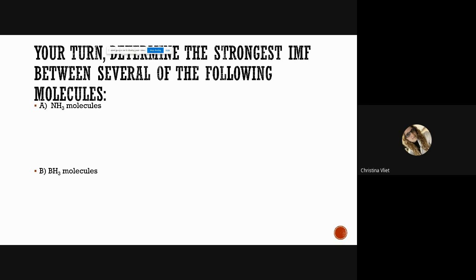Fluorine, oxygen, nitrogen. So the red ones, yes, that is fluorine with hydrogen. Those are called hydrogen bonds. So this one would be permanent dipole. Wait, is that polar? Yes, it is, right?